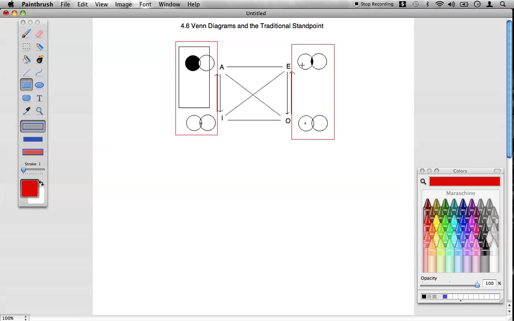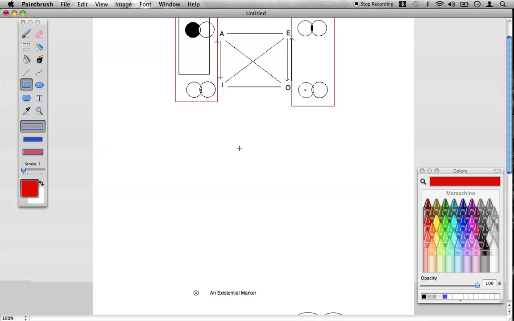So for the E here, it doesn't look like the truth flows this way or the falsity flows this way. It's not quite representational. So our existential marker is essentially going to be this, an X with a circle around it.